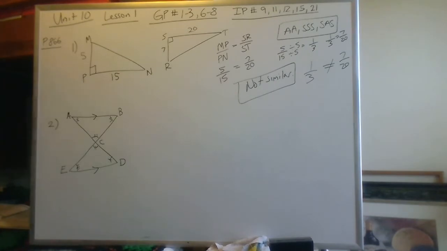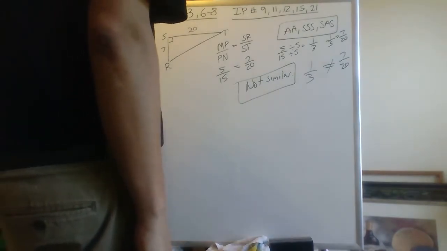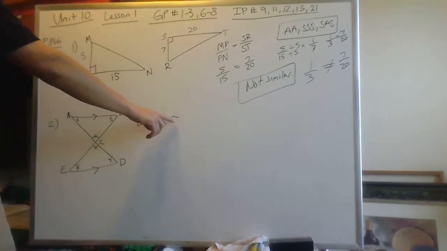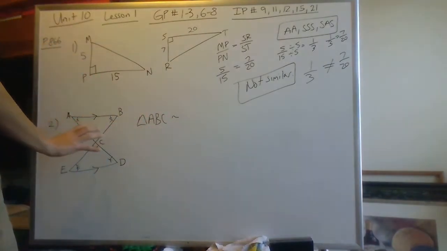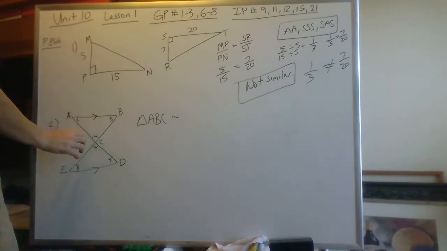And the way we write a similarity statement is triangle ABC is similar. So instead of a congruent sign, we don't know if the side lengths are the same size. We know that the ratios are similar, and we don't know if the side lengths are the same.